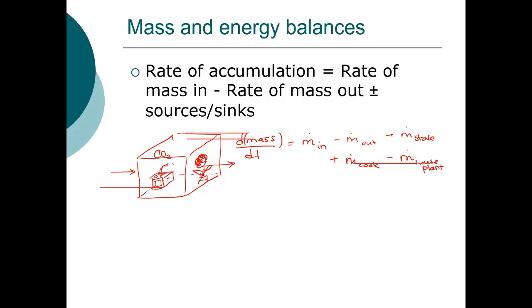Okay, we can make some assumptions. So, for example, if we assume that this entire space is completely mixed, we can then assume that the concentration at any point in this kitchen, so if we measure carbon monoxide anywhere in this kitchen, it is equal to the concentration leaving.